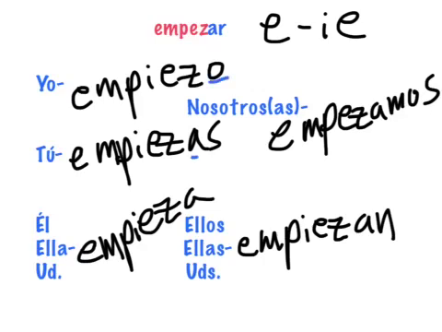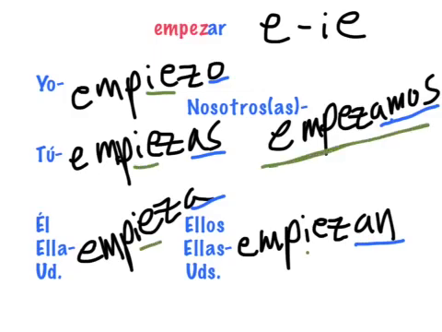Again, the endings are the same, just like any other AR verb: o, as, a, amos, an, and the only spelling change is here, no spelling change again in the nosotros form.